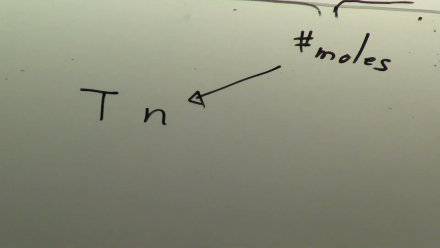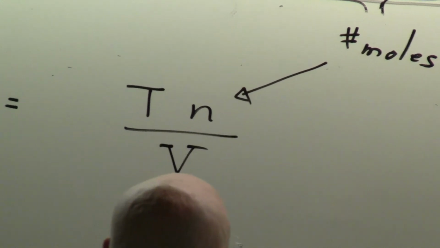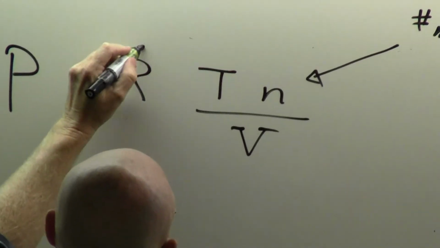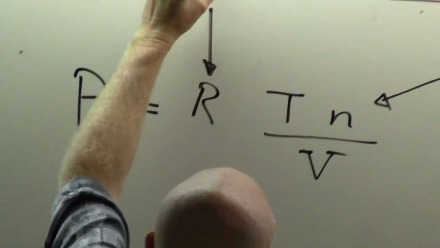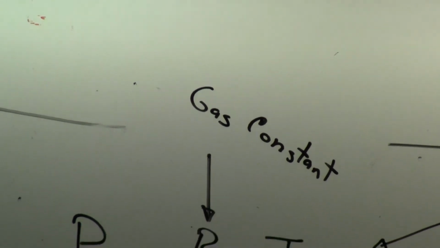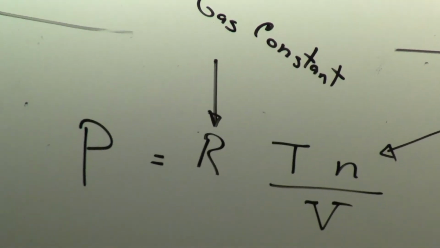The symbol we're going to use is the lowercase n for that. And then we, of course, have the volume, which is the capital V. And then we would need this constant, which we call the gas constant. It's a number that, to make it proportional, we would probably just go into the laboratory and make some measurements.